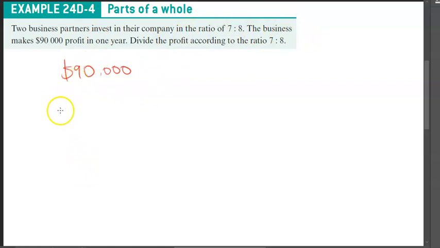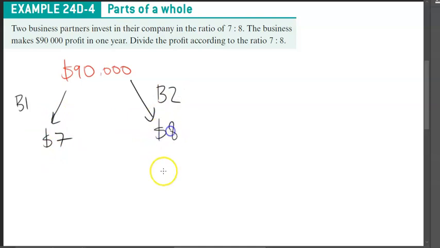So for every $7 that business 1 gets, or business 1, called B1, and B2, for every $7 that B1 gets, B2 gets $8. And this is going to keep going. $7 to business 1, again, $8 to business 2. This is going to keep going until all the $90,000 has been completed.